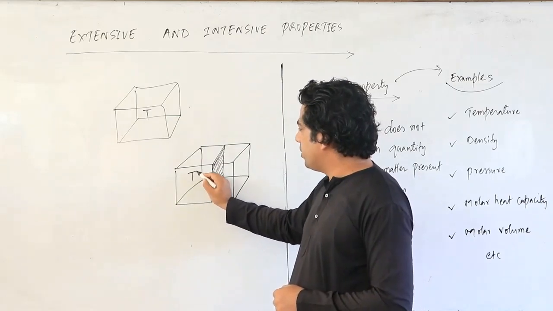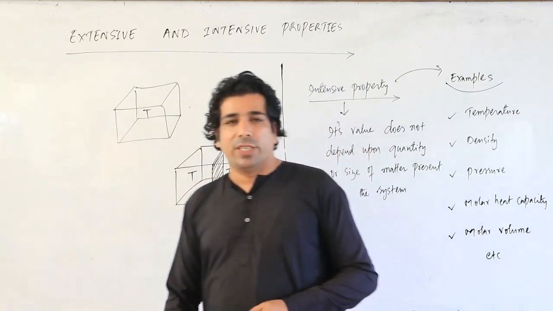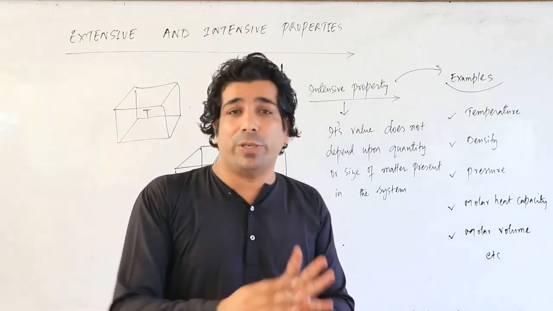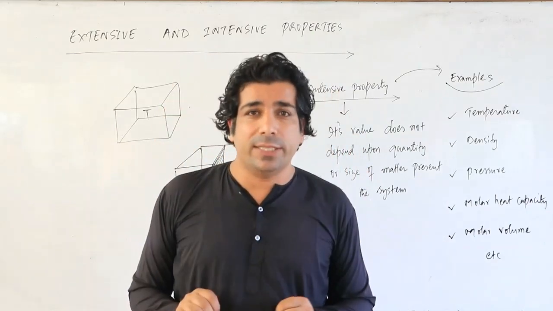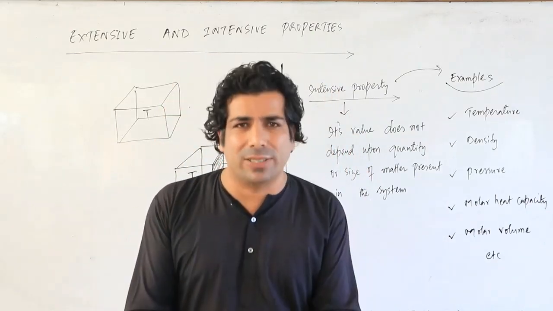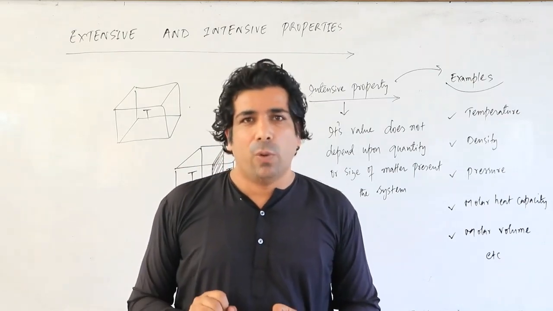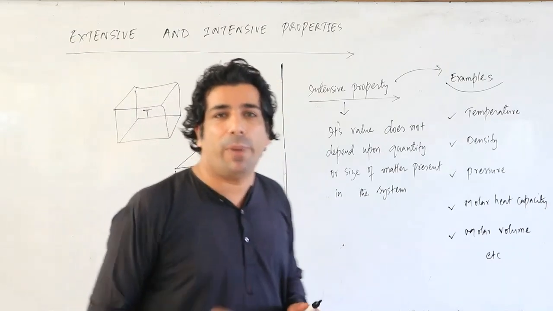Here the temperature is T and here also the temperature is T. Now you have observed that I have reduced the size of the cube, means I have divided the cube into two parts. Let us suppose inside a cube there is water, or there may be any gas also, and there is a temperature T for that. Okay? What happens? Then I bisected, I divided the cube into two equal parts.